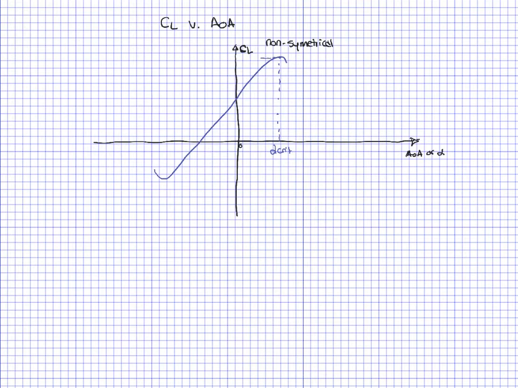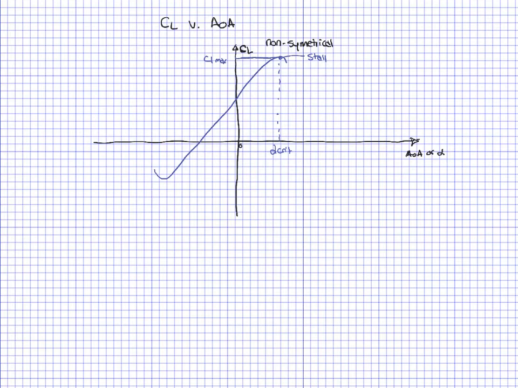And the highest point right here is going to be CL max, and that's where the stall happens. Once beyond that point, the air is separating, it's not producing much lift, and the wing is stalled.